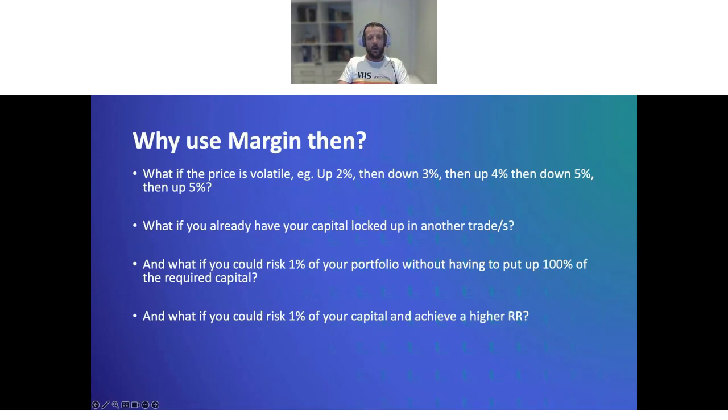And what if you could risk 1% of your capital to achieve a higher risk to reward ratio? That's one of the key things about margin which a lot of people don't quite understand: it's not just about giving you the ability to trade more than your account size, but it gives you the ability to still risk 1% of your portfolio, but achieve a higher risk to reward ratio, and achieve higher gains from those specific trades that you make. So really, all of the above is where margin comes in.